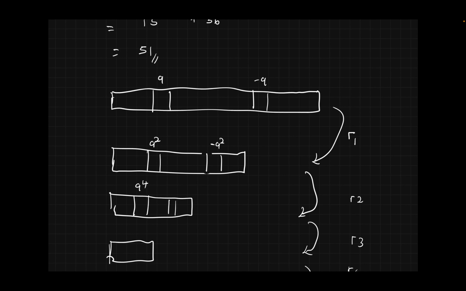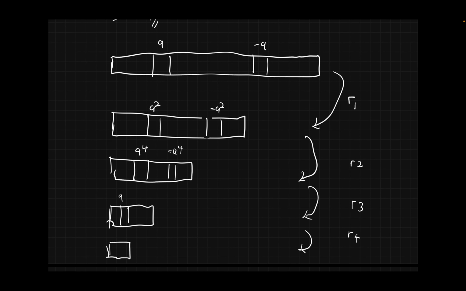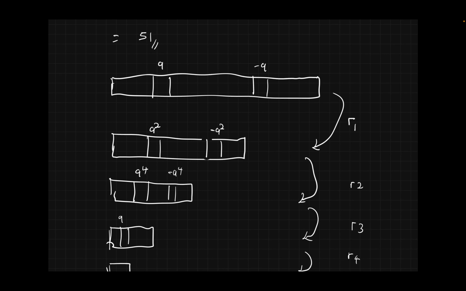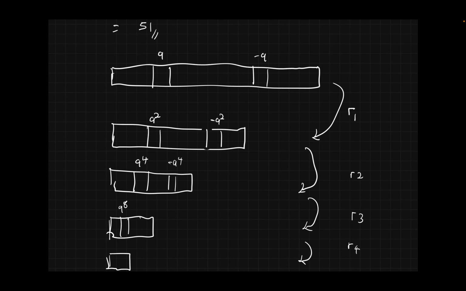Then it's going to open minus A raised to the power of 4 and then A raised to the power of what? Then it's going to open what? And then A raised to the power of 16. So this is assuming that we started with the 16th root of unity.